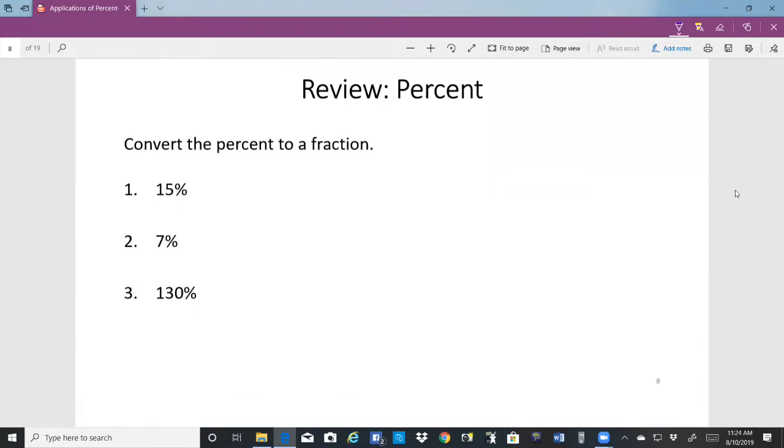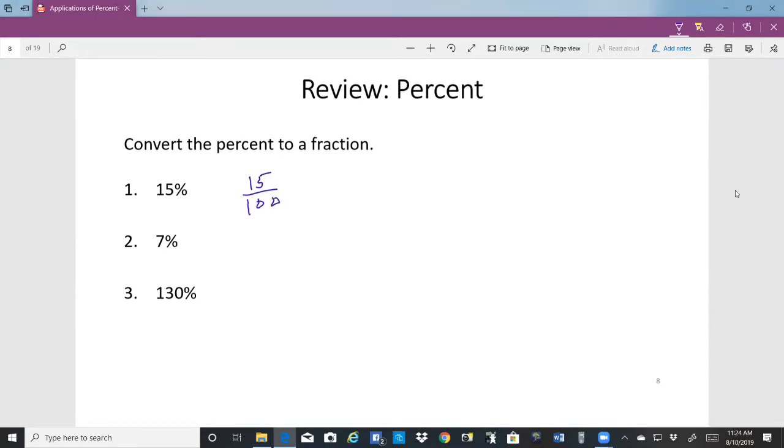Now, in some cases, we want to convert to a fraction. 15% would be 15 over 100.